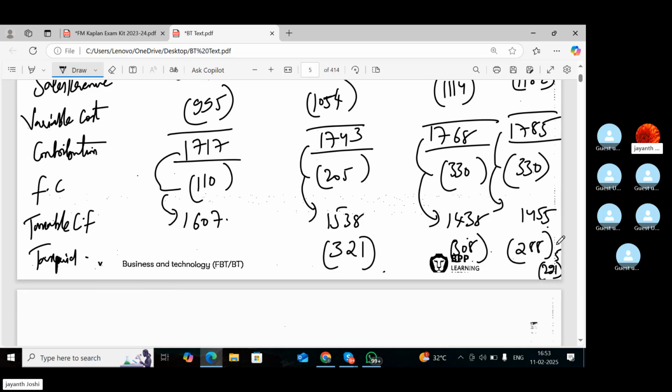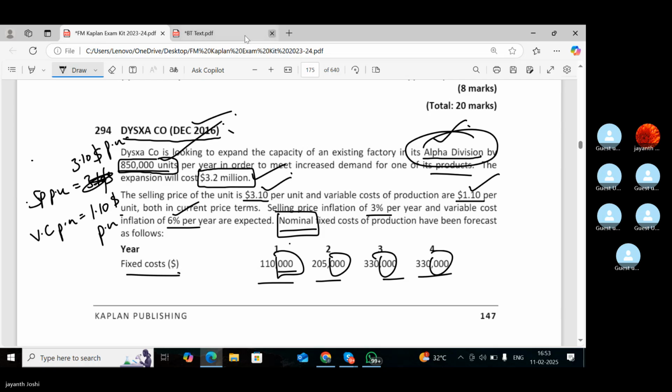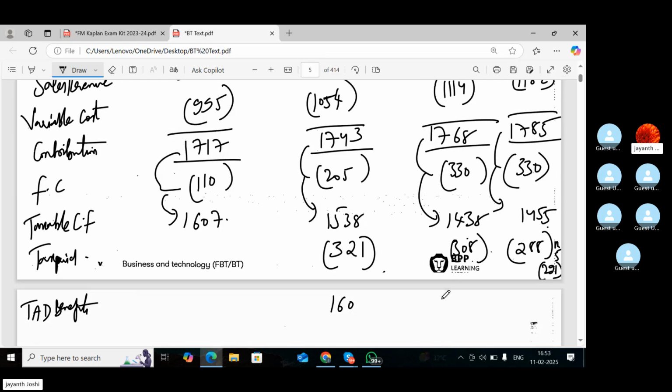Tax allowable depreciation benefits: 160, which we calculated already, 120 for the 3rd year, 90, and for the 2nd, 3rd, 4th and 5th year it is going to be 270. Already we have done the calculations.